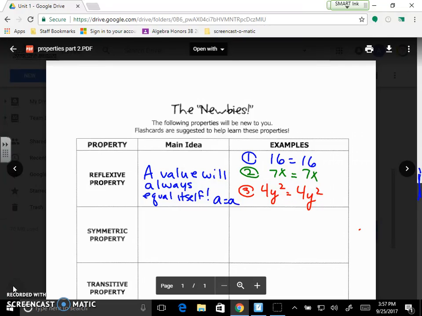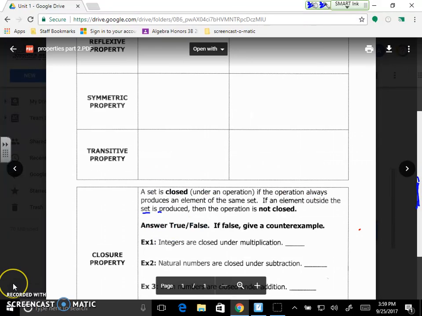Okay, symmetric property is if A equals B, then B equals A. So it's like an if-then statement. Okay, let's try that again. So the symmetric, we got interrupted by the announcements.